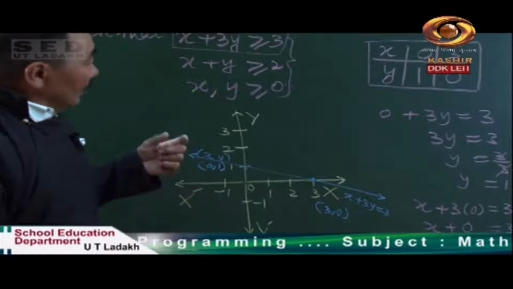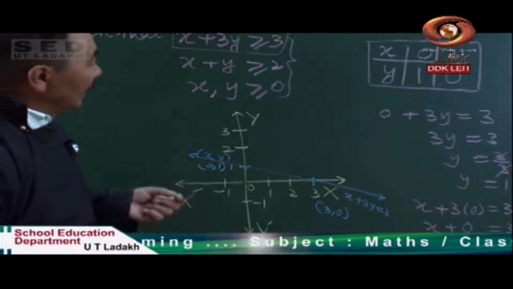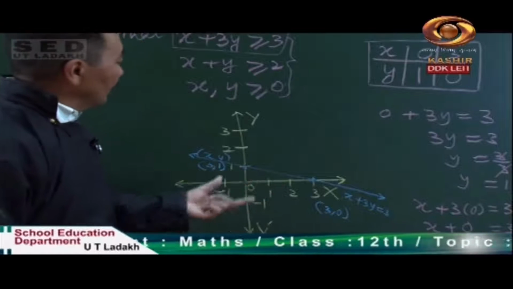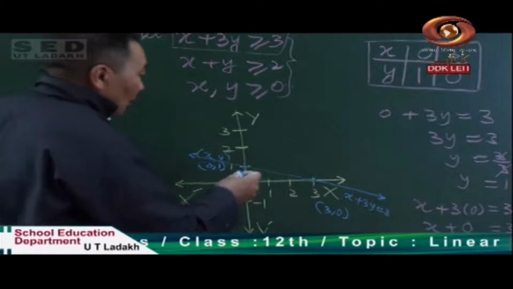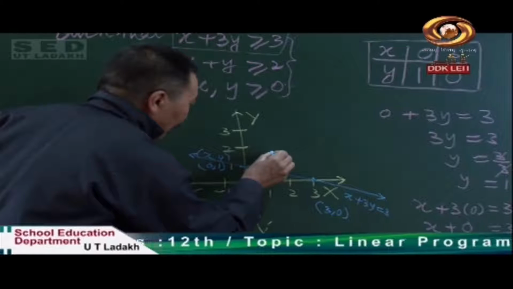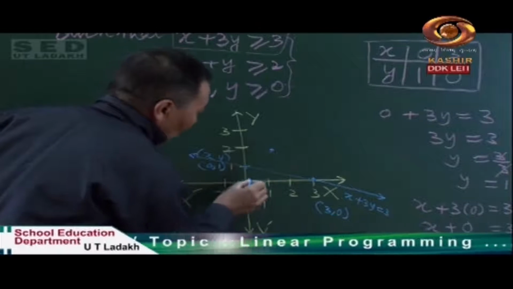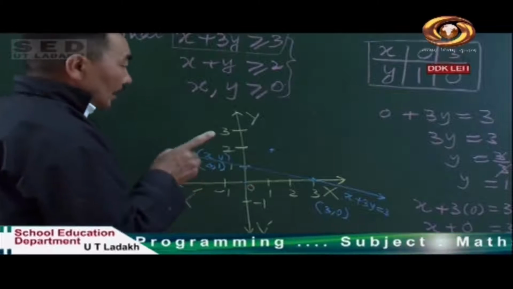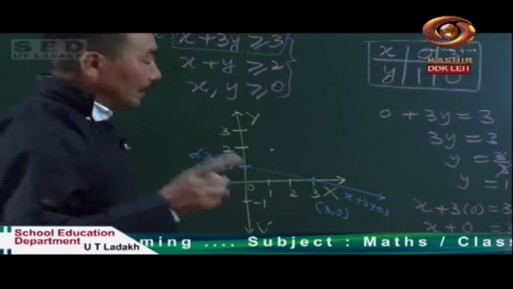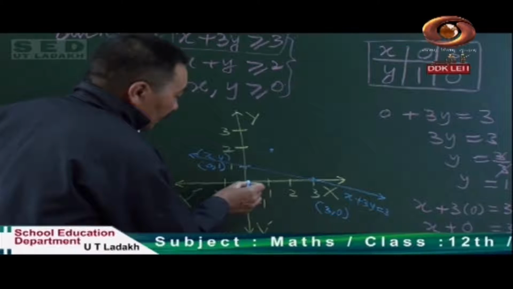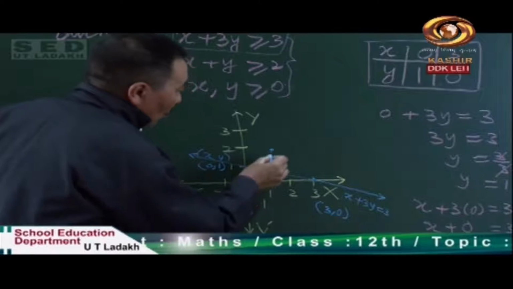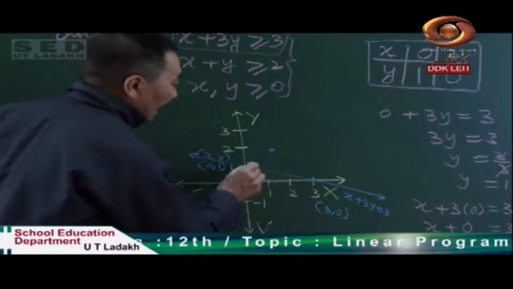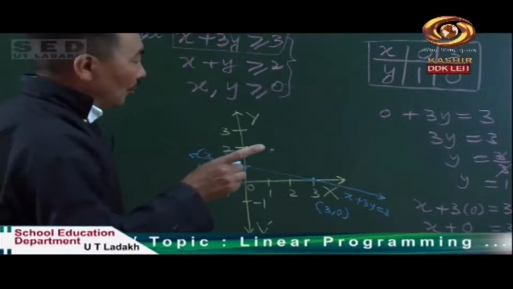So next I'll try to find out the region of this line. The region of this line can be obtained by choosing any point, say here, or the origin, not on the line. Yesterday I took the origin point. Either you take the origin or any other point, but the point should not be on the line.